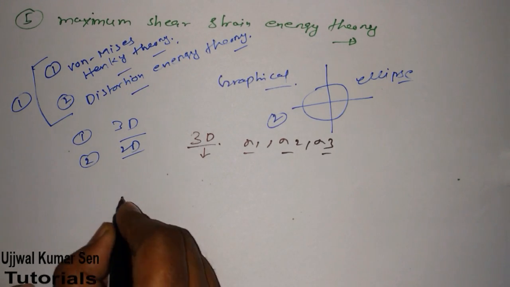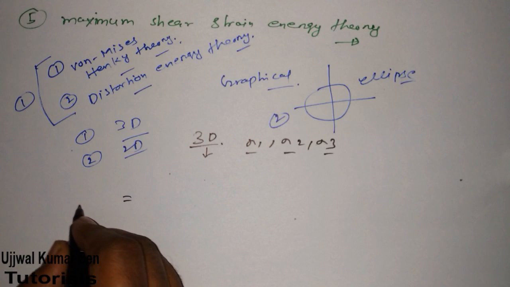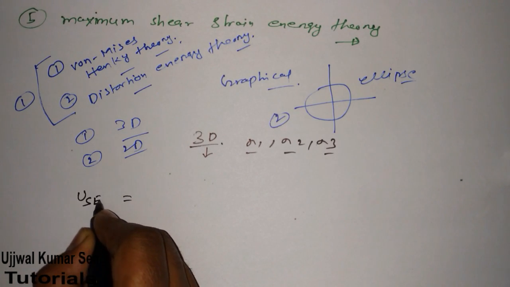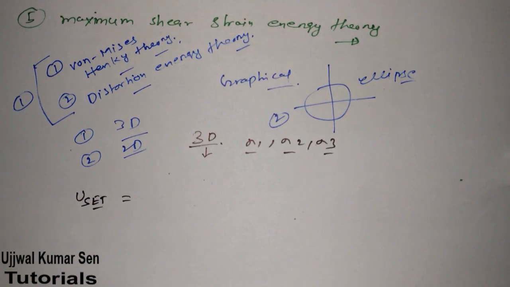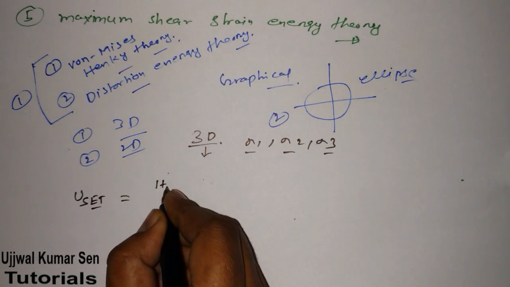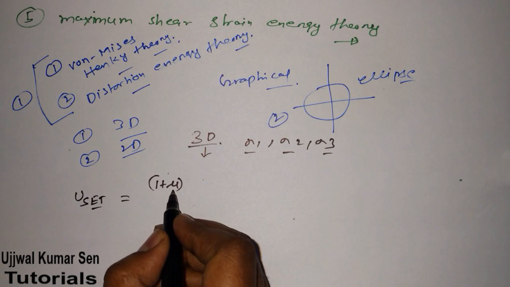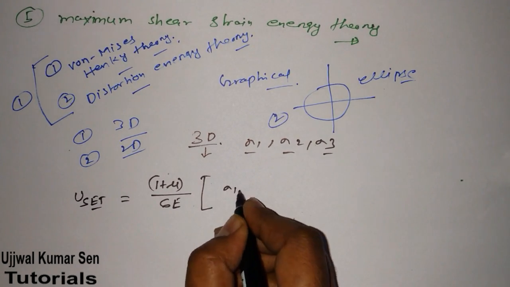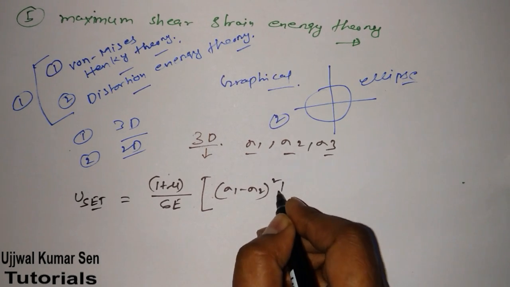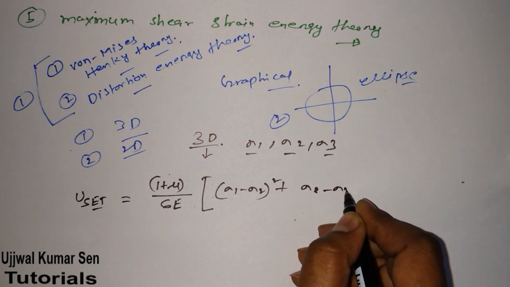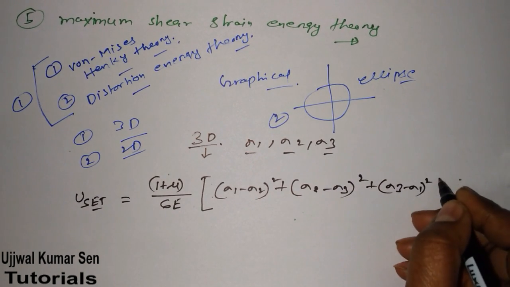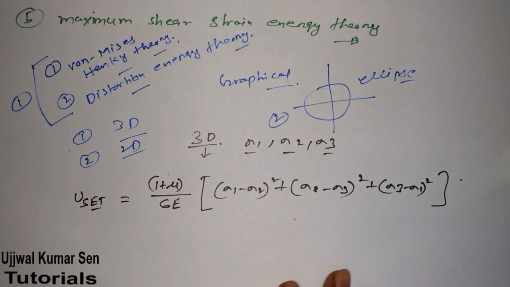The formula for this would be: (1 plus mu) by 6E times [(sigma 1 minus sigma 2) whole square plus (sigma 2 minus sigma 3) whole square plus (sigma 3 minus sigma 1) whole square], where mu is the Poisson ratio. Okay, this is for 3D.